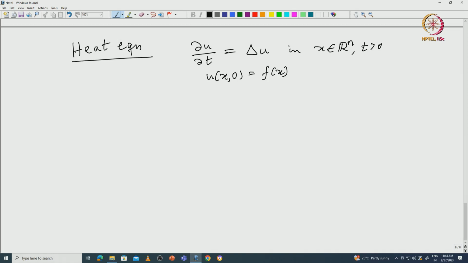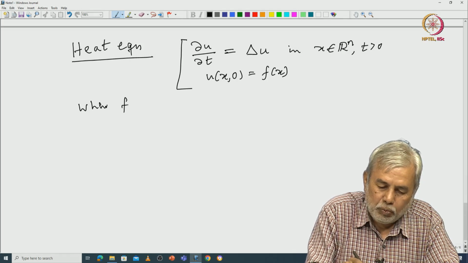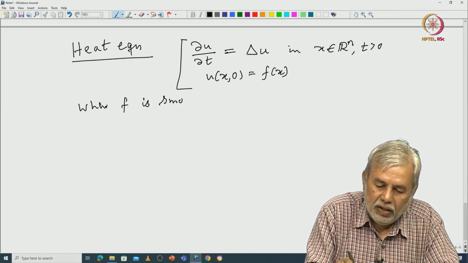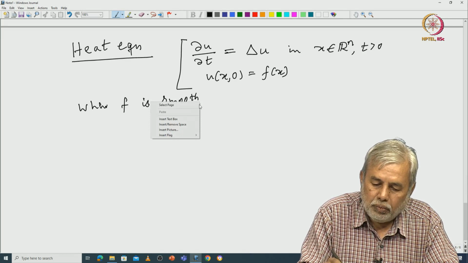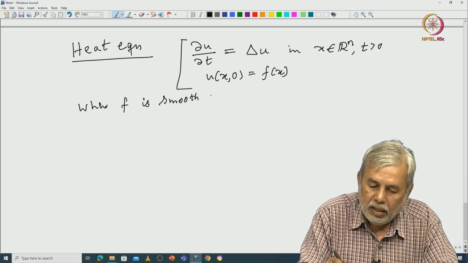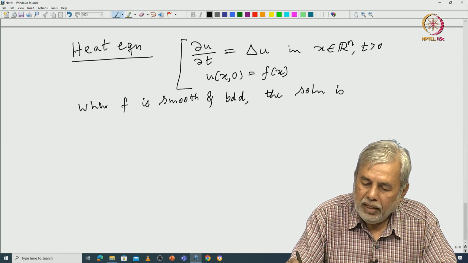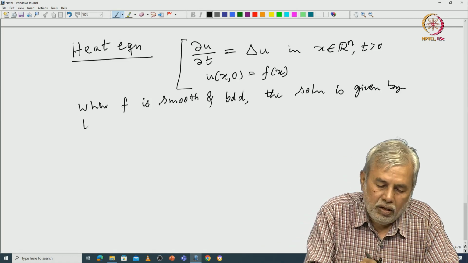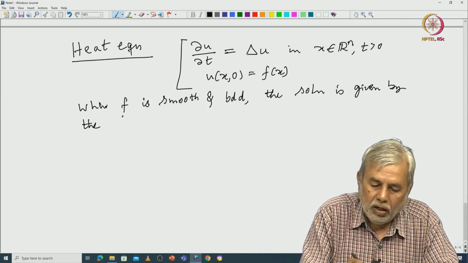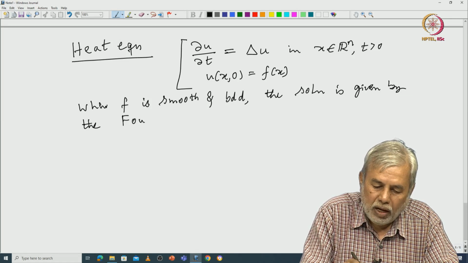So at least in the case when f is bounded and continuous, we have seen this is classical thing, the solution when f is smooth and bounded is given by the Fourier Poisson formula.